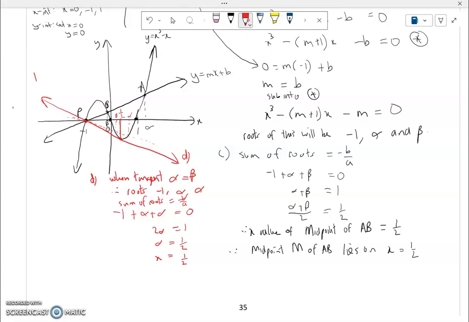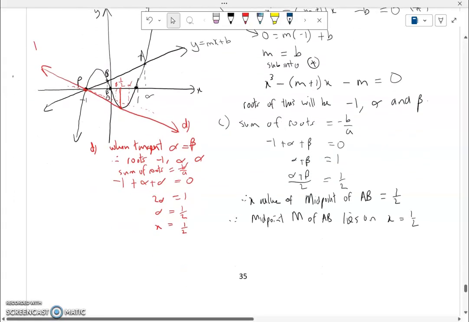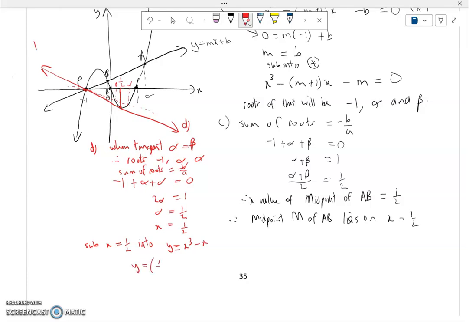We now need to work out the y value. I might work out the y value by noting that it's on the cubic. Okay, so let's sub in x equals half into the cubic, y equals x cubed minus x. So it's going to be a half cubed minus a half.